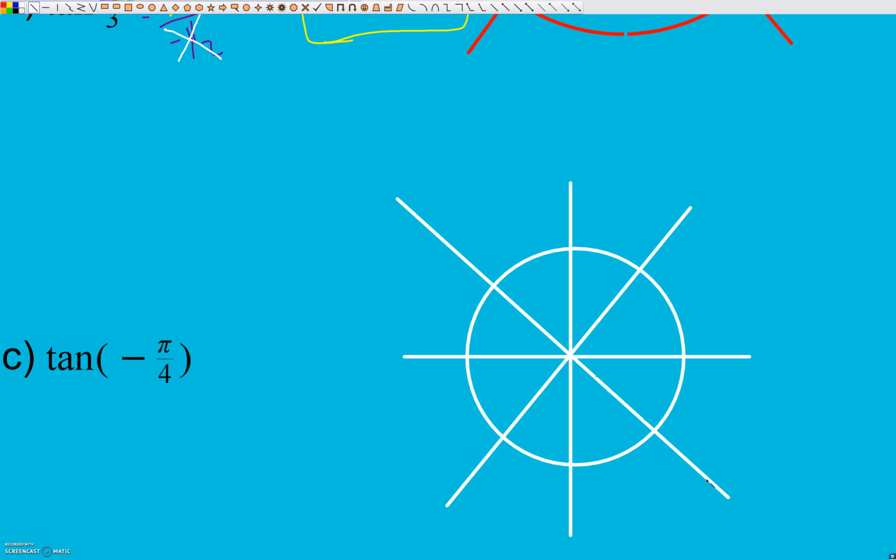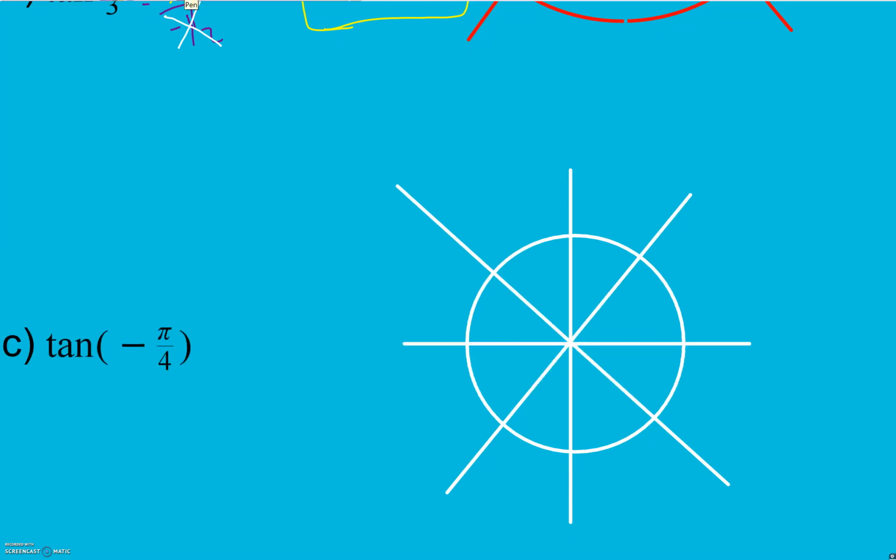Not perfect, but close enough. Negative pi over 4 is here. 45, 45, 90. So these are both square root of 2 over 2. Negative square root of 2 over 2. So y is negative square root of 2 over 2 over square root of 2 over 2. Anything divided by itself is 1. So I end up with just negative 1.